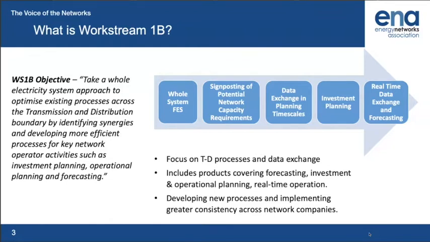So the objective of Workstream 1B is to put in place processes and data exchange between network companies, primarily between transmission and distribution, but also between distribution companies themselves and IDNOs and distribution companies.